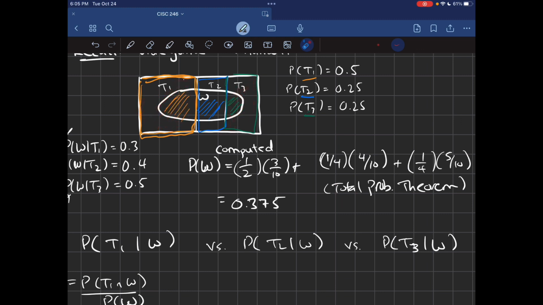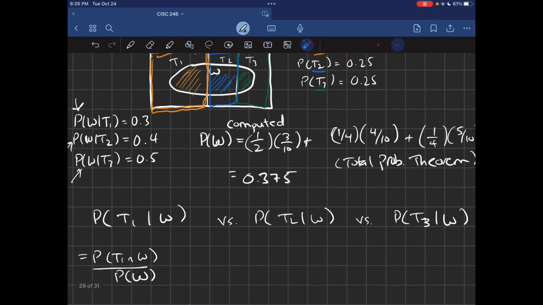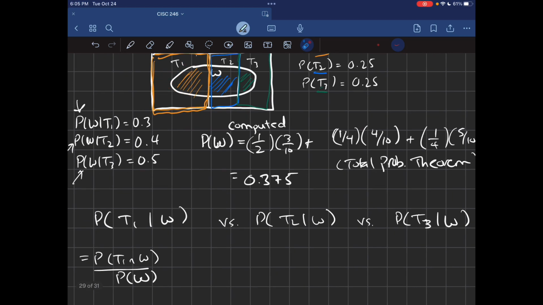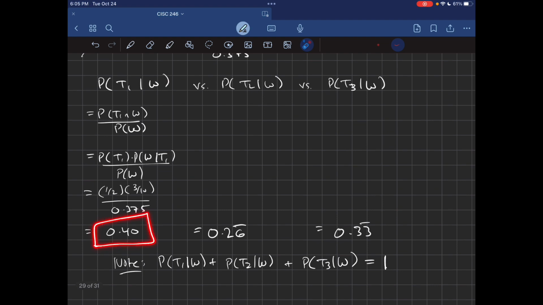So even though your success rate against T1 is pretty low, 0.3, the fact that they make up so much of the population overcompensates for that, and given you win, this is still the most likely event.